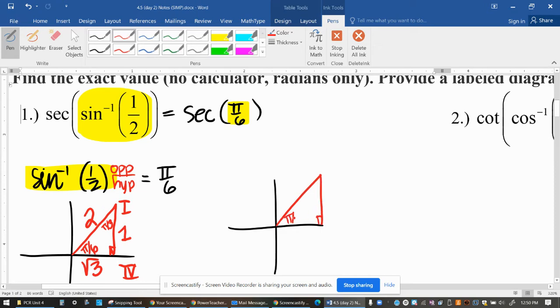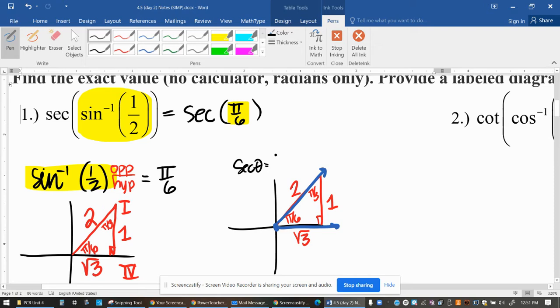So the angle pi over 6 is in quadrant 1. If I label all the side lengths, I can now answer the question: what is the secant of pi over 6? Secant is the reciprocal of cosine.